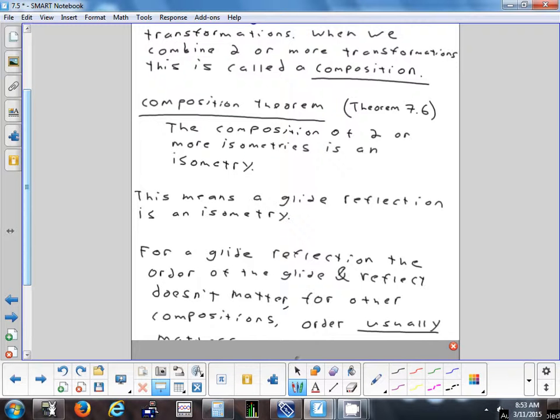You can glide and reflect, or reflect and then glide. But in general, the order usually matters. If it doesn't matter, it's because there's something special happening. Like in a glide reflection, we're reflecting over a line parallel to the direction of translation.